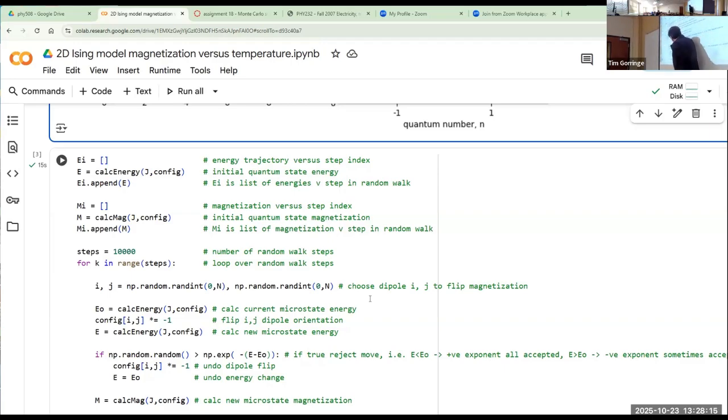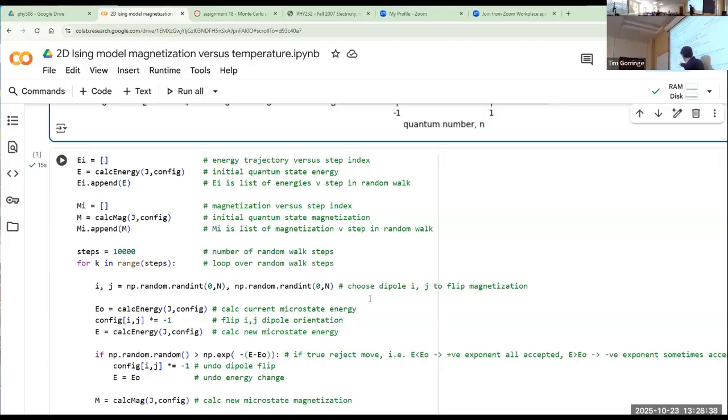So now I've gotten into the for loop here, and with my index k, that is the label for every step. Once I'm in the for loop, I'm going to pick a random dipole to flip its magnetization from up to down or down to up.